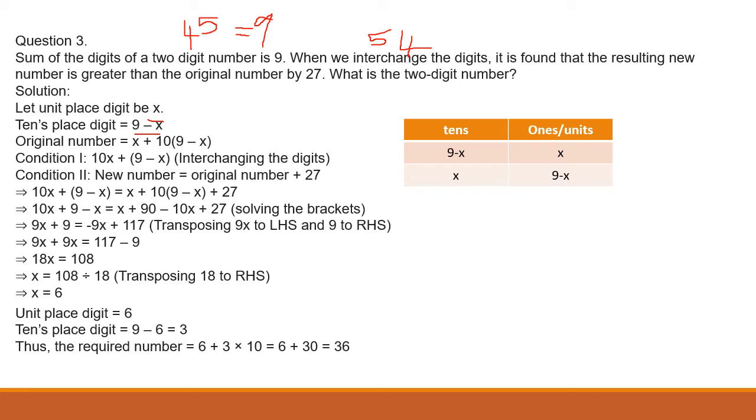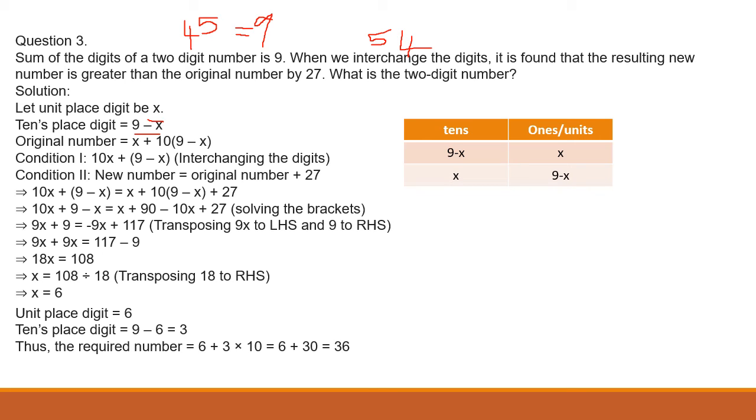The x value is 6. Therefore the units place digit is 6 and the tens place digit is 9 minus x. Right, children? The tens place digit is 9 minus x. 9 minus x is 3, no? x is 6, so 9 minus 6. 9 minus 6 gives 3.